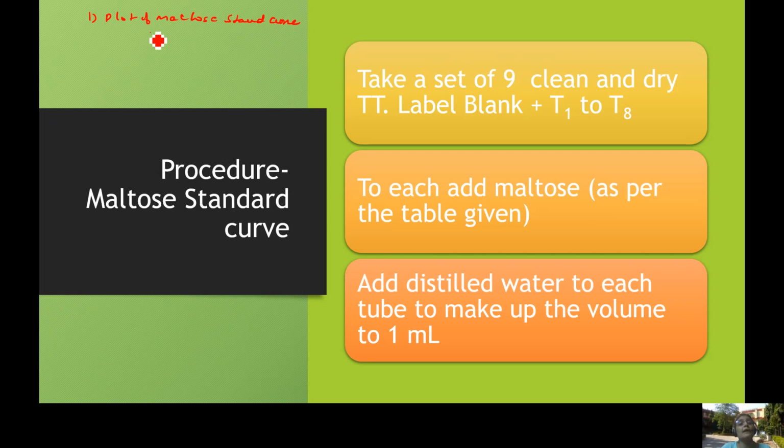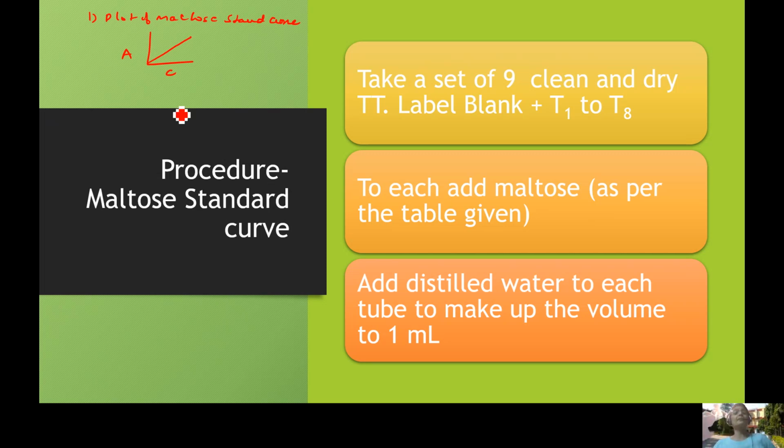So you plot an absorbance versus concentration curve for varying dilutions of maltose, so that you have a graph which you can extrapolate for an unknown solution of maltose and determine its concentration.